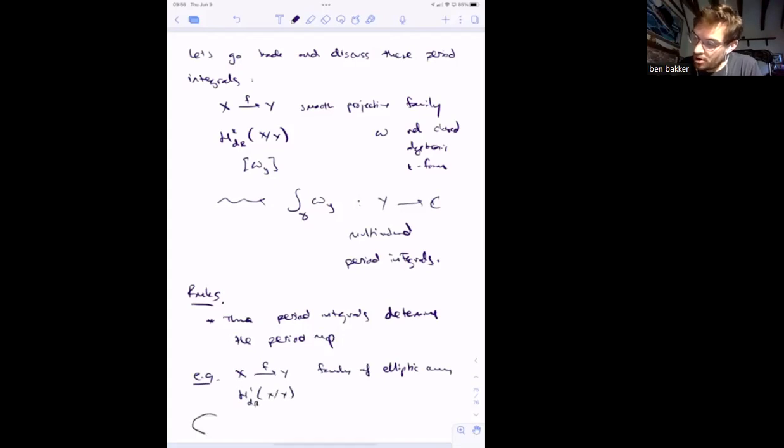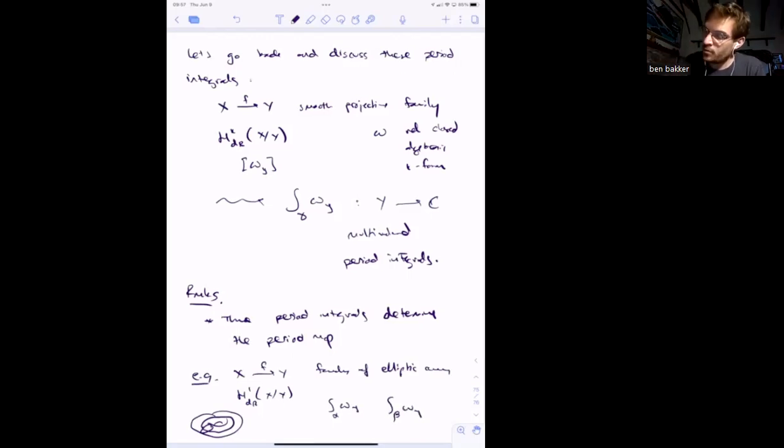Well, an elliptic curve's H1, as we all know, is two-dimensional. So we have these two cycles, and we have two integrals we can take, one along the first cycle and one along the second cycle.